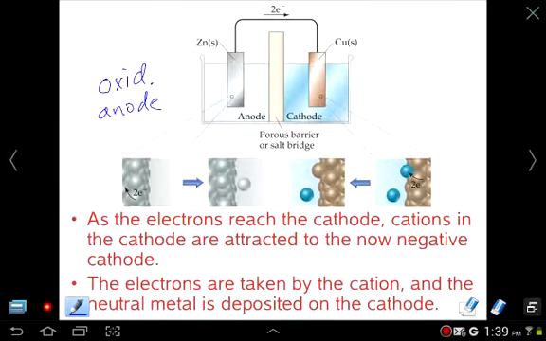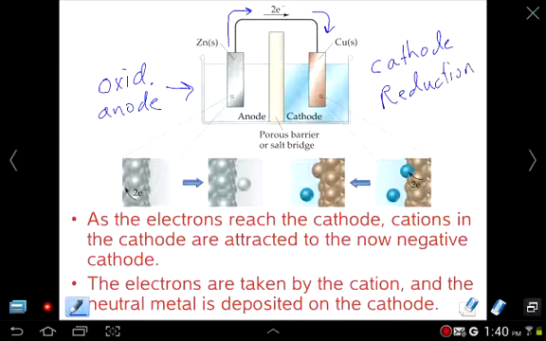So this is happening in this half cell. And so the electrons are being produced. They go through an external circuit and come into the cathode portion. Remember, cathode goes with reduction. And the electrons are essentially accepted at this portion.